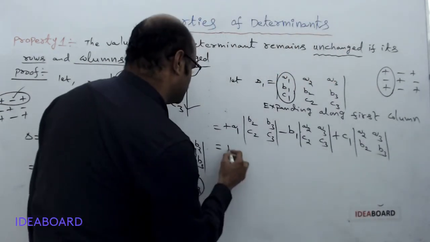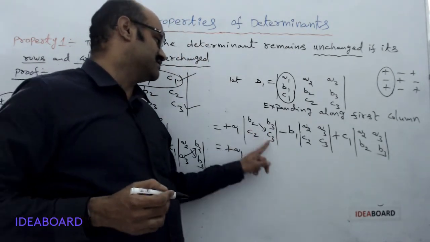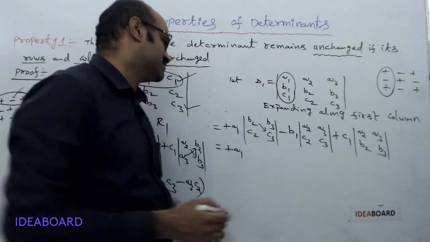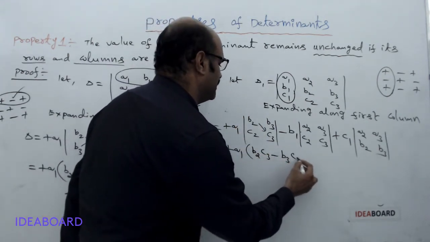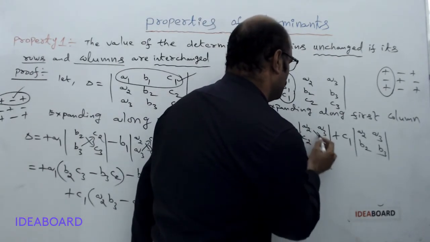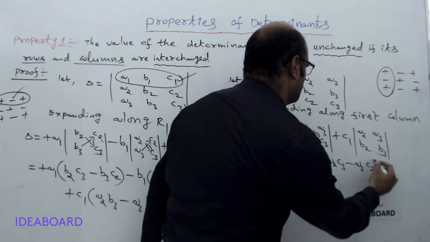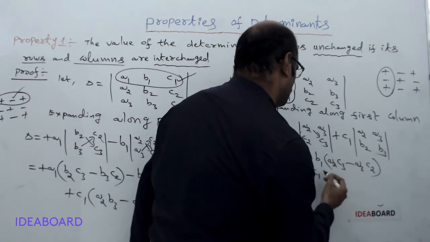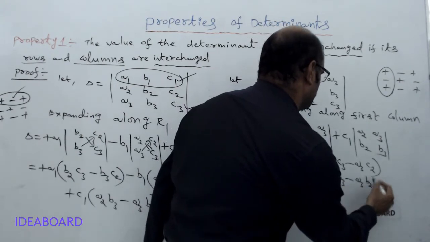So it is equal to A1 into, the product of these two elements, so it implies B2C3 minus B3C2, minus B1 into A2C3 minus A3C2, plus C1 into A2B3 minus A3B2.